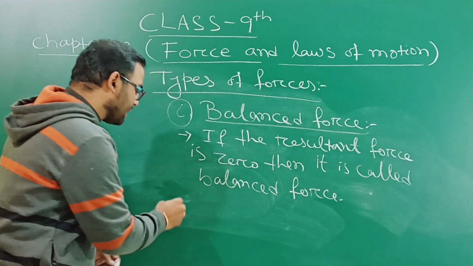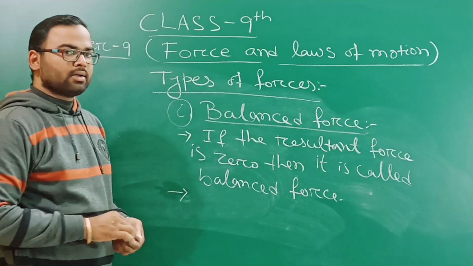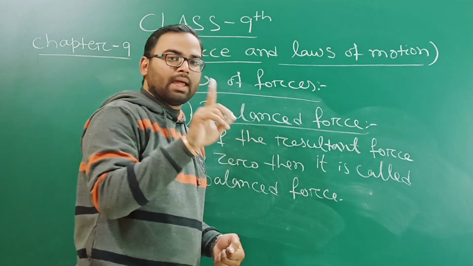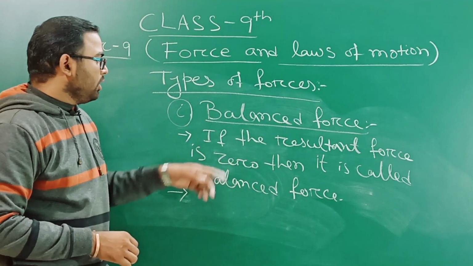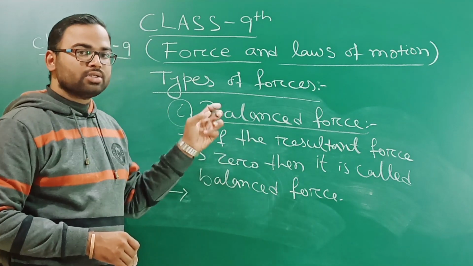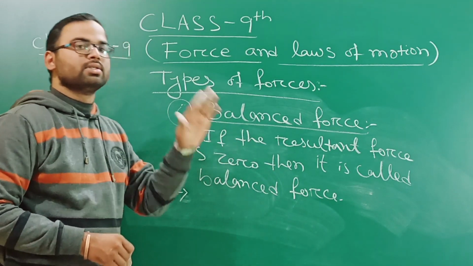The second point is, we know that force changes the size, direction and shape of a body. If balanced force acts on a body, then the size, shape and direction don't change.